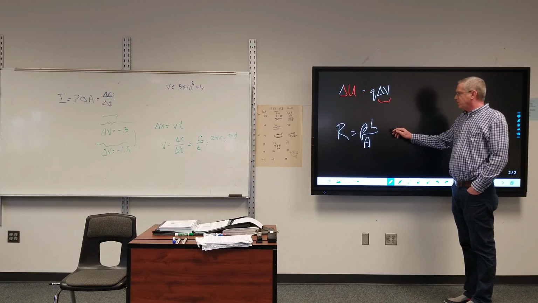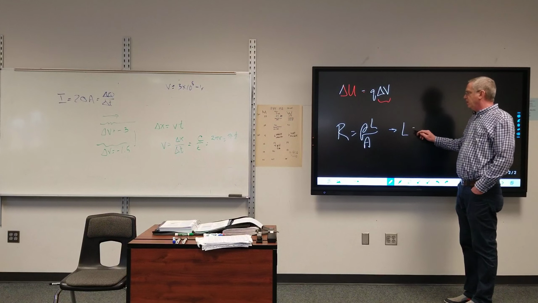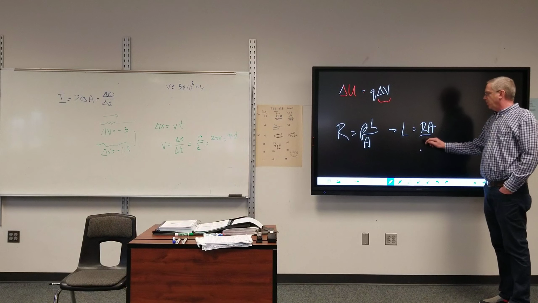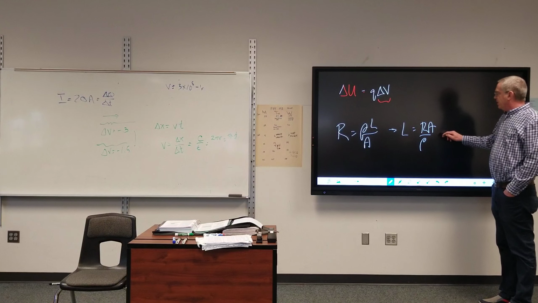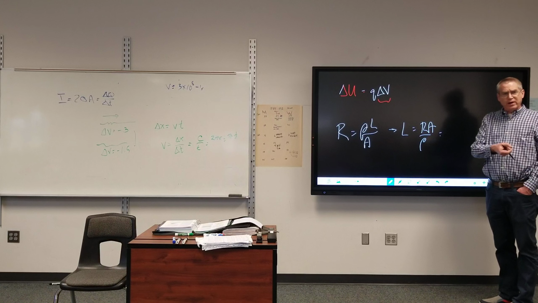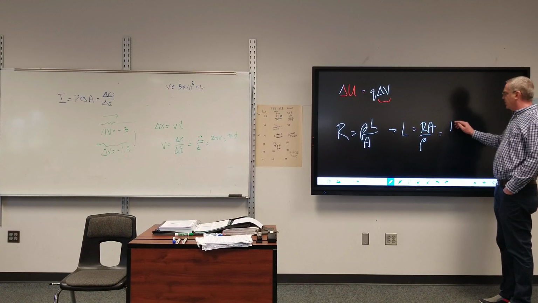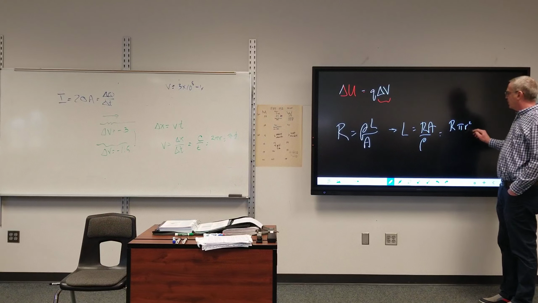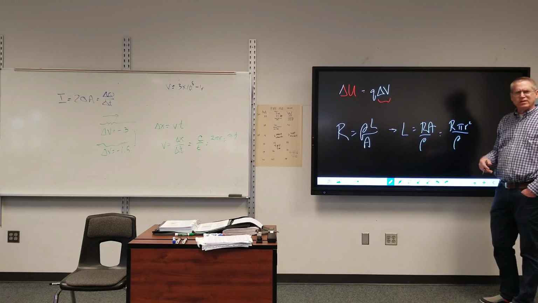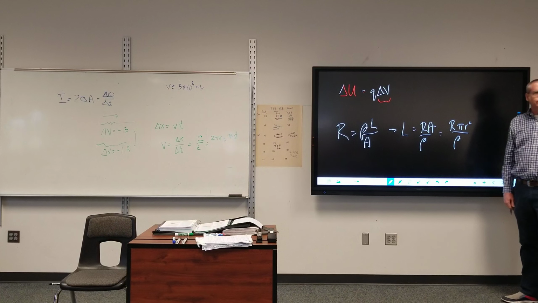We're trying to find the length, so solve for length. So L equals R A over rho. The area, assuming that the wire is cylindrical, so that's R pi little r squared over rho, and they give us the diameter. Okay, so that's just the pi r squared of the area. Yes. Okay.